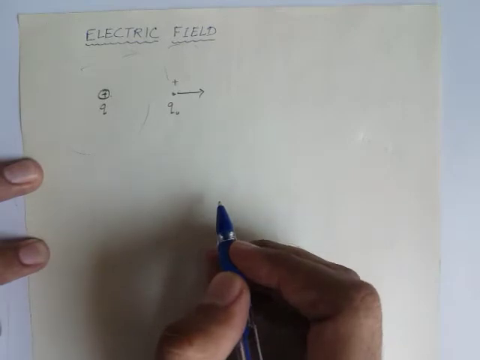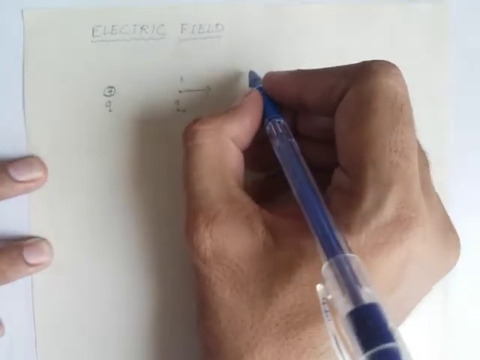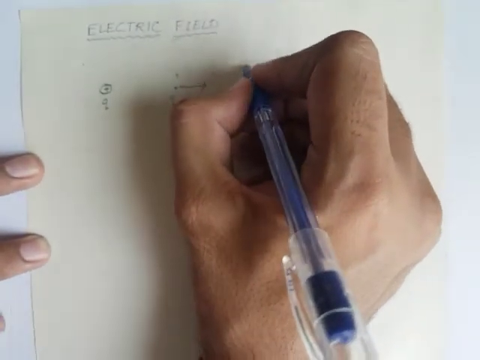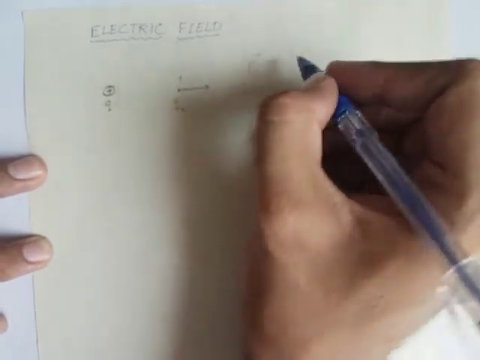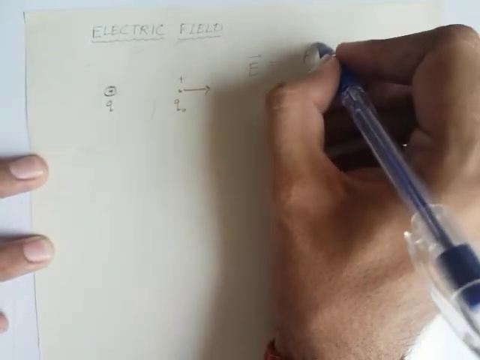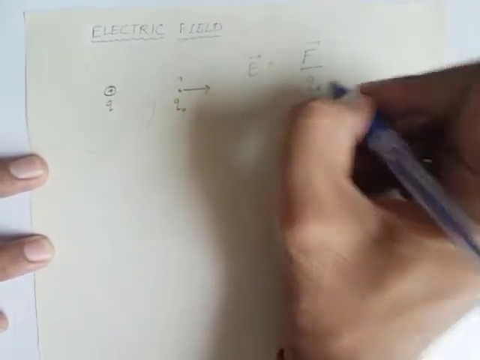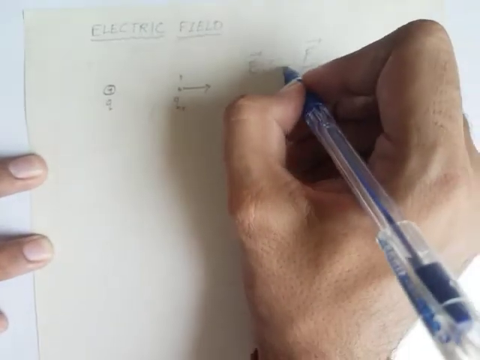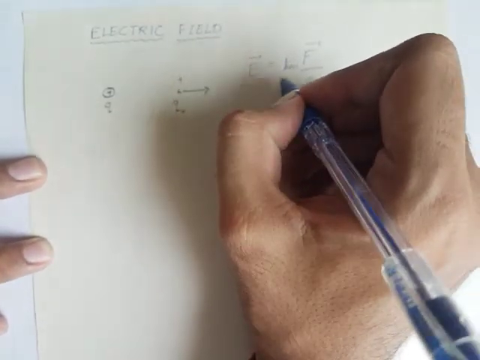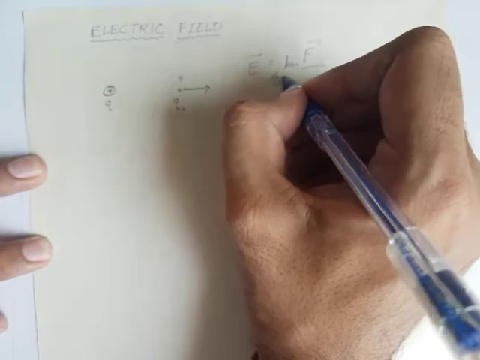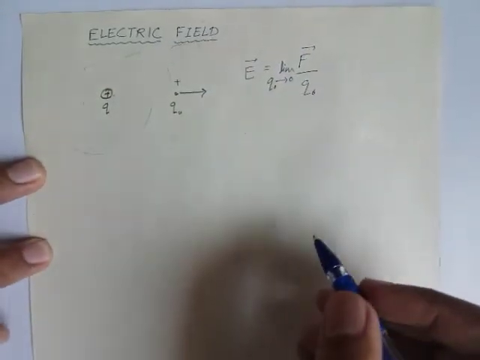And the electric field we can write over here, that is E equals F by test charge. Sometimes it is written with a limit. Limit means it is a point charge or vanishingly small charge. That's why we are writing here Q naught.